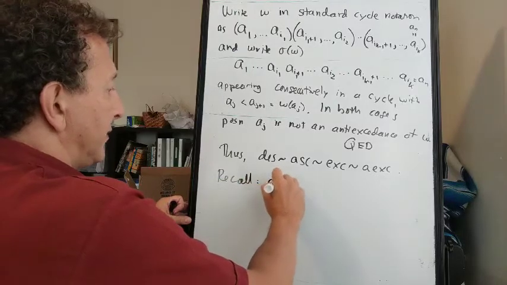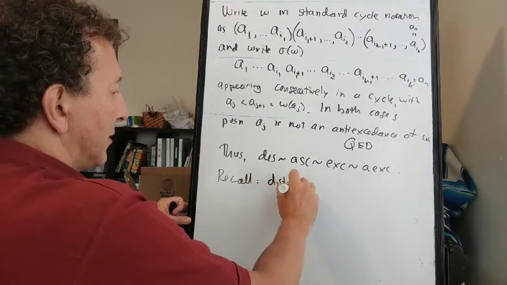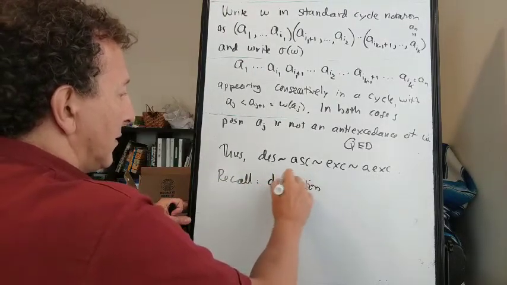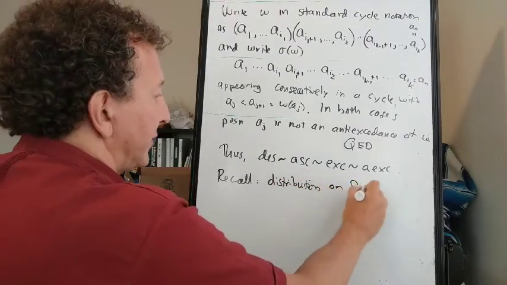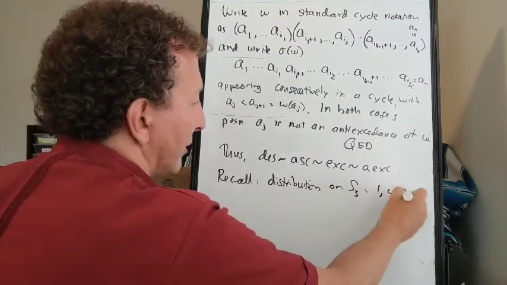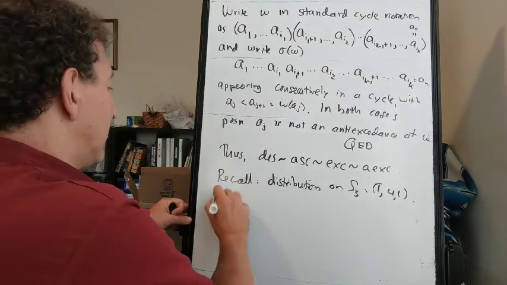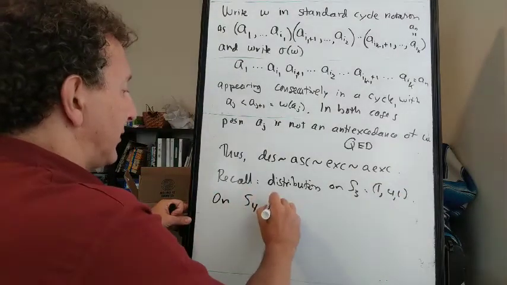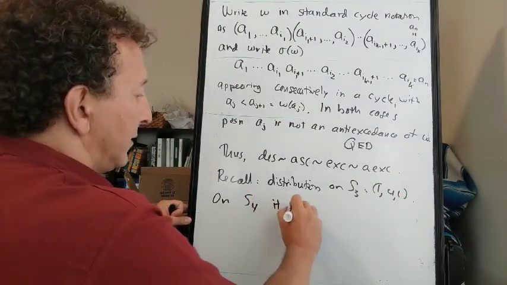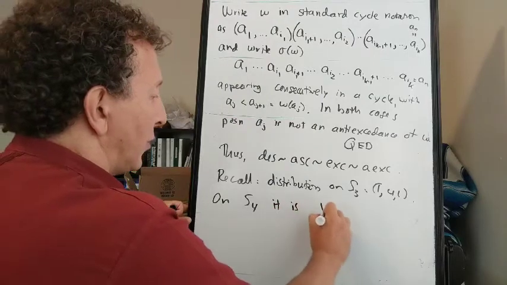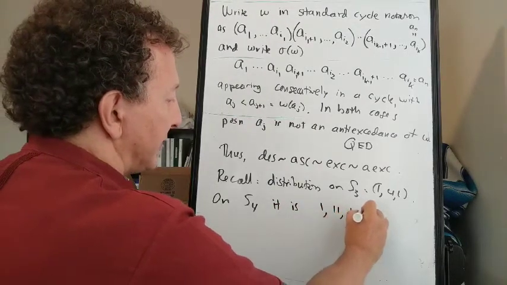Now recall the distribution on S3 is 1, 4, 1. On S4, it turns out to be 1, 11, 11, 1.